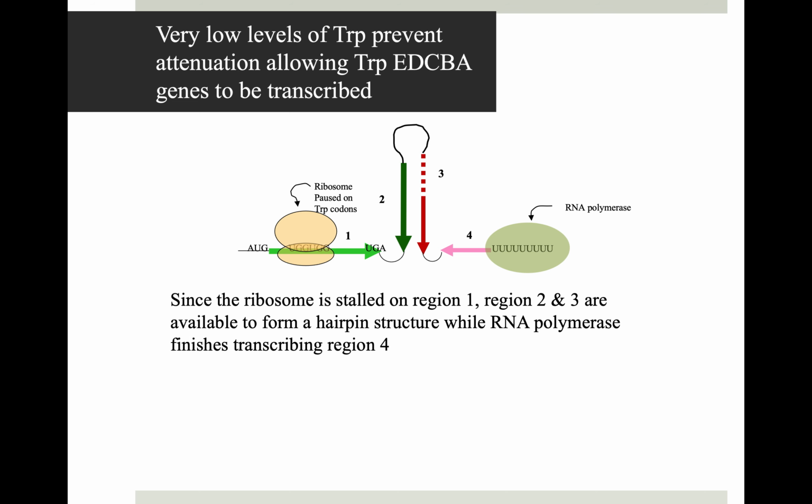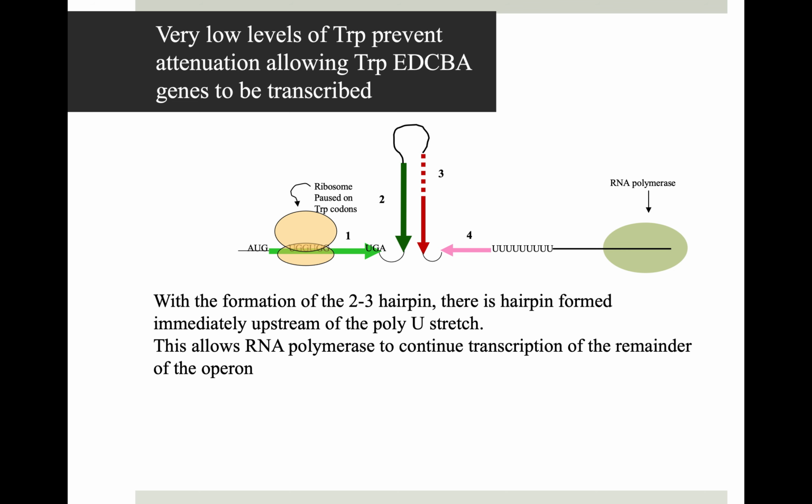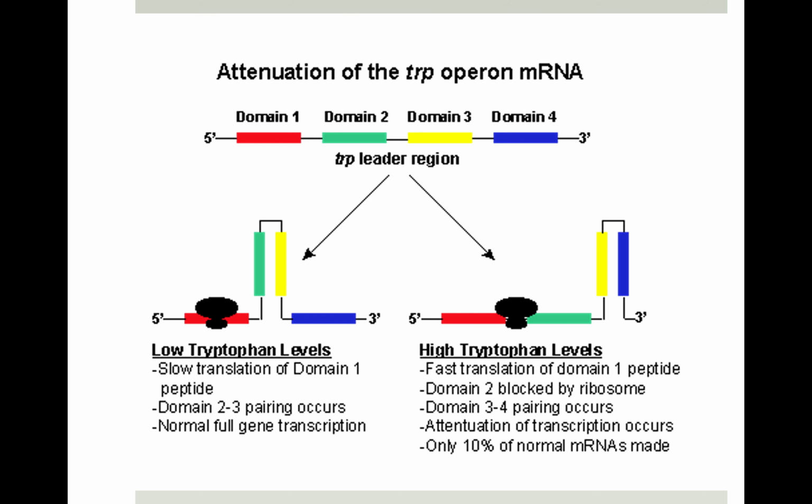If region 2 and 3 form, we know that is anti-termination, so RNA polymerase could continue to transcribe. In any case, the desired outcome is for the ribosome not to have any problems, or if it is stalled at region 1, it should be fine, because region 2 and region 3 will form, which signals for anti-termination, which will allow transcription to occur.